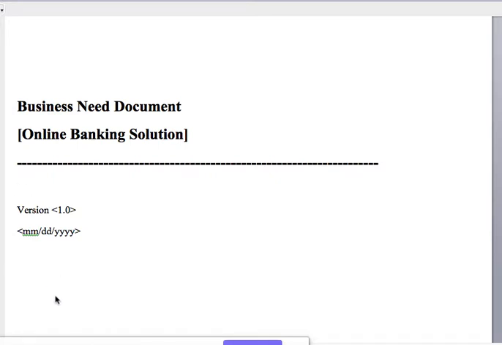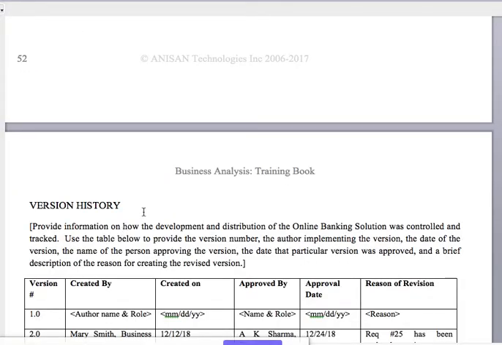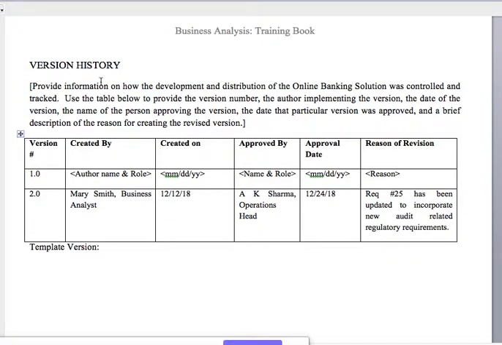Now, the name of this document is the business need document. Here we have mentioned the project name, online banking solution, the version 1.0, and the date. Then you have the version history. Version history is very important in any document or template.